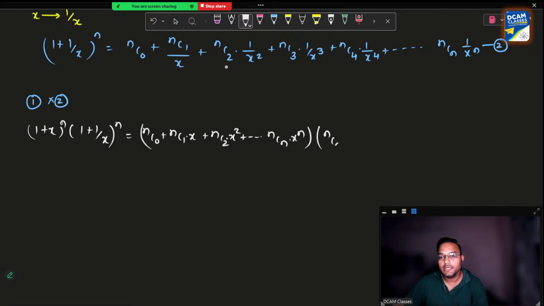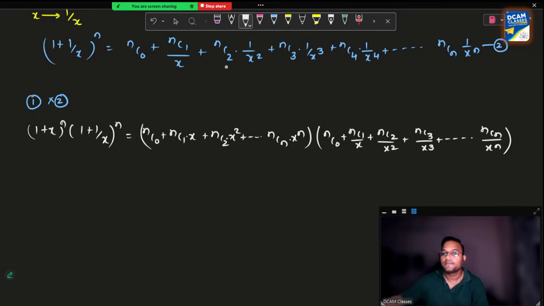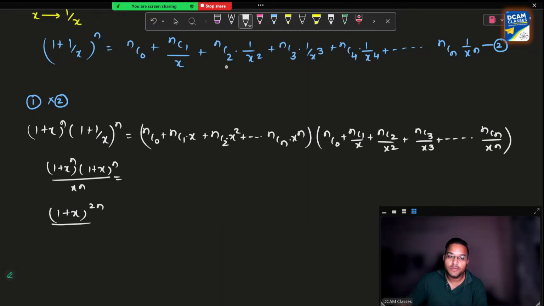Second is nC0 plus nC1 by x plus nC2 by x square plus nC3 by x cube and so on, nCn by x power n. Now you can write this as 1 plus x whole power n into 1 plus x whole power n divided by x power n. This left part will become 1 plus x whole power 2n by x power n.